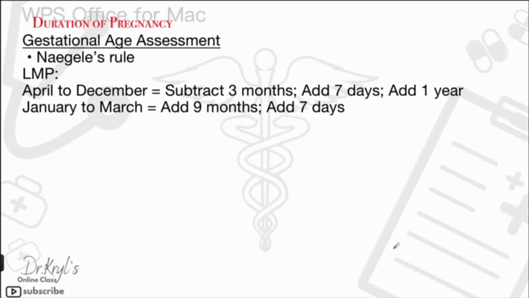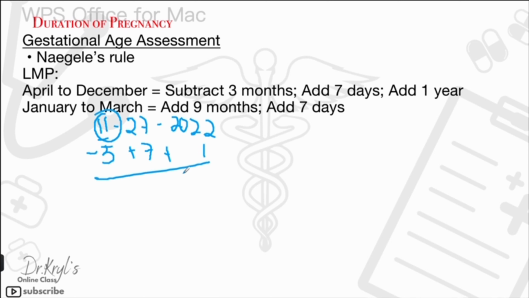Okay? So maybe let's have some examples. November 27, 2022, this is the LMP that we had in our previous example. So November, it's in here. So minus 3 for the month and add 7 and add 1. Okay, so this is 2023, and this is 34, and this is 8, right?